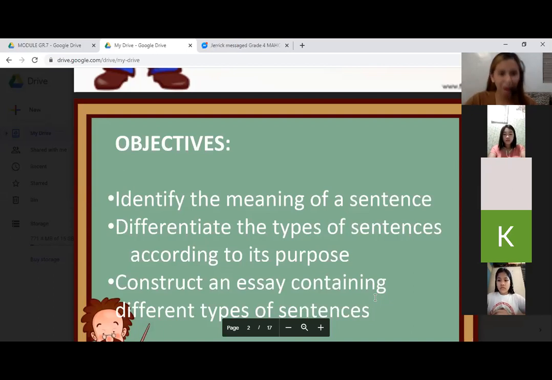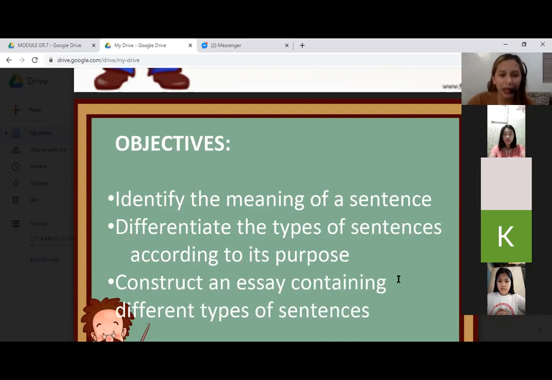So, malalaman natin yun for the next meeting. And lastly, we have construct an essay containing different types of sentence. So, in this topic, for your work, you're going to have an essay construction or an essay writing.